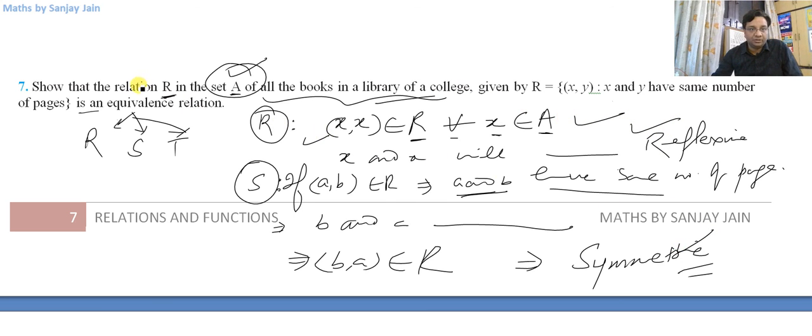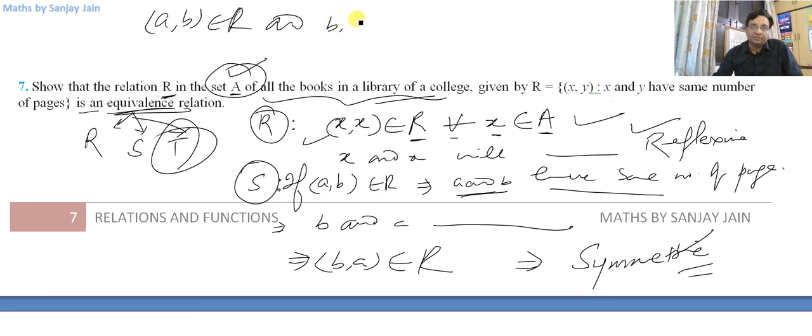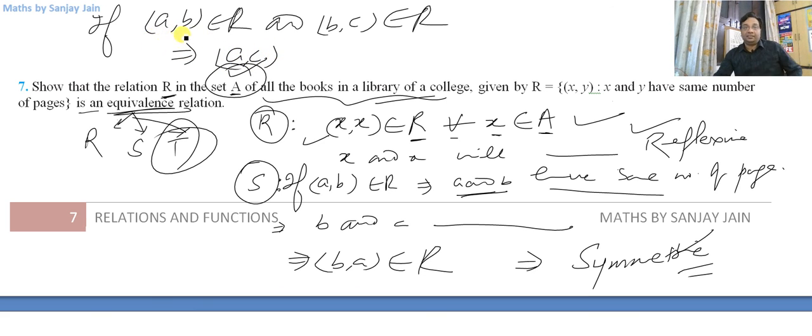Now we need to check for transitivity for it to be an equivalence relation. If A comma B is present in the relation R and B comma C is present in this relation R, does it imply that A comma C is present in this relation R? Yes, because you need to write it like this. If A comma B belongs to R, A and B have the same number of pages.